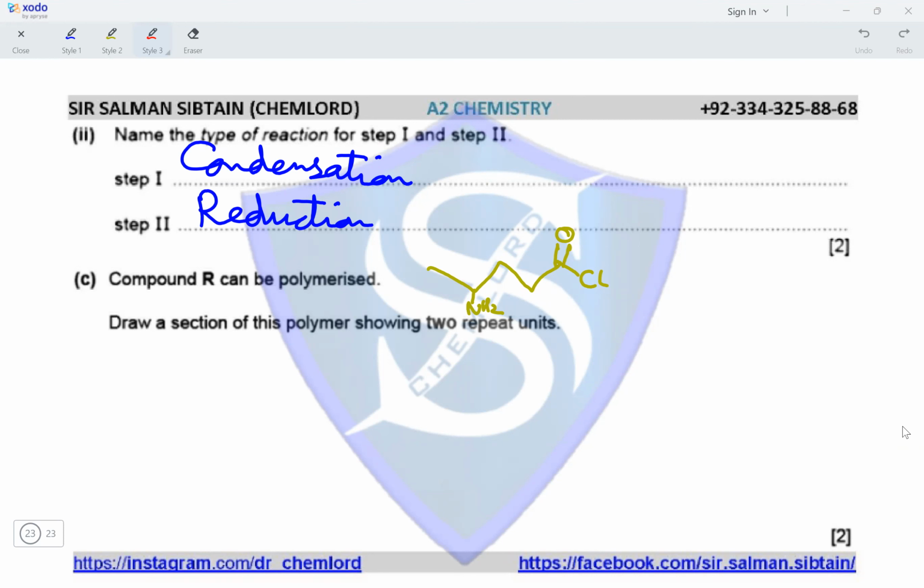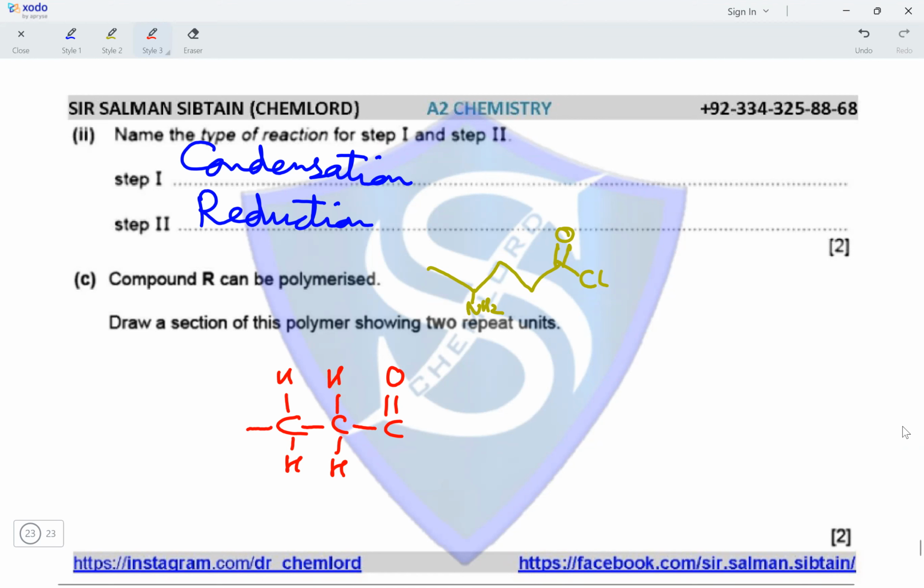So if we draw the polymer of this compound, it would be a CH2, then we would have a CH2 molecule, and then we would have a C double bond O molecule.